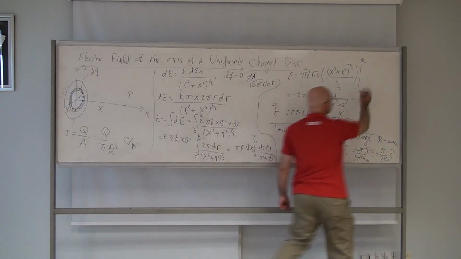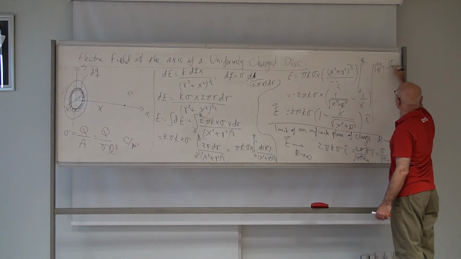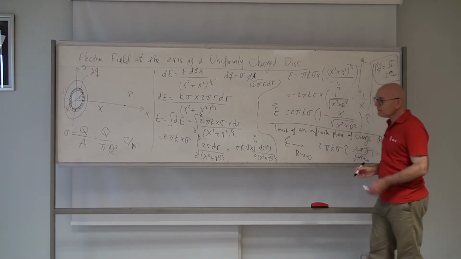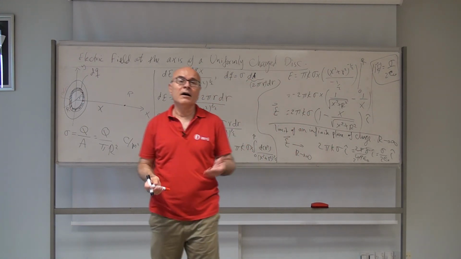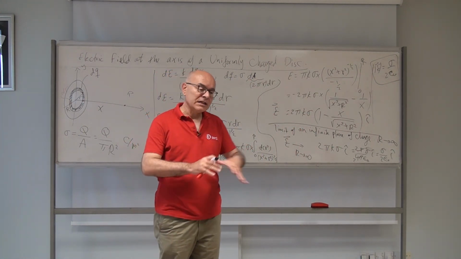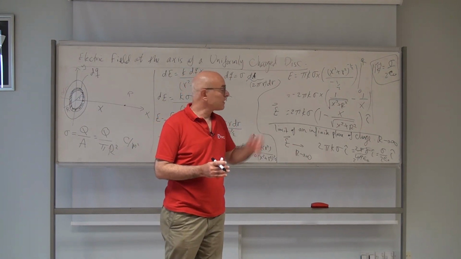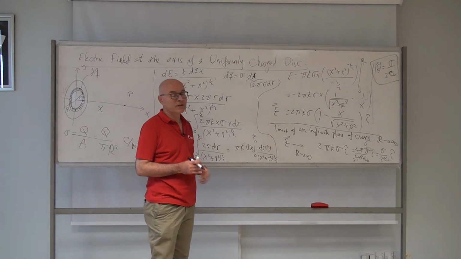And as far as the magnitude, E modulus in this case will be sigma over 2 epsilon naught. Now this is an important expression. This is the electric field of a uniformly charged infinite plane. And we will rederive this later. This is one of the important limits of the disk.